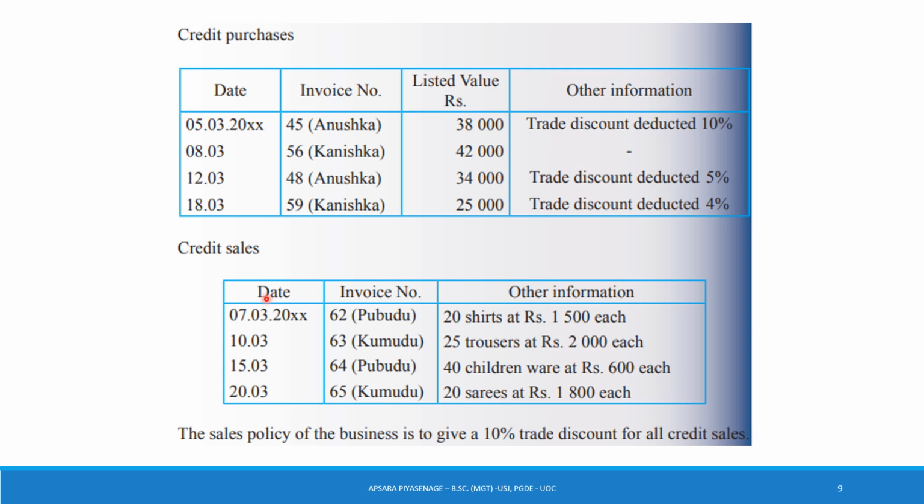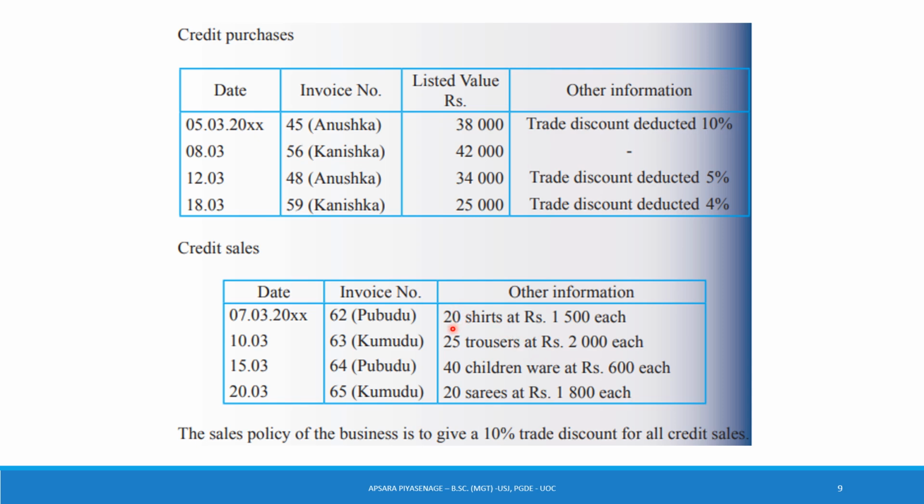Then credit sales, they have given information regarding the credit sales, and here the sales policy of this business is to give 10% trade discount for all credit sales. So for all these credit sales, we have to deduct 10% trade discount and get the net sales value.